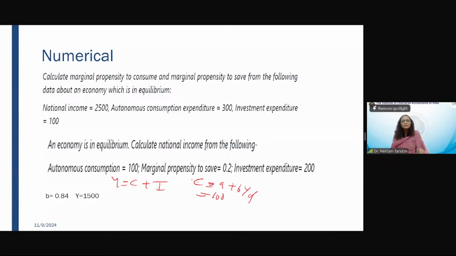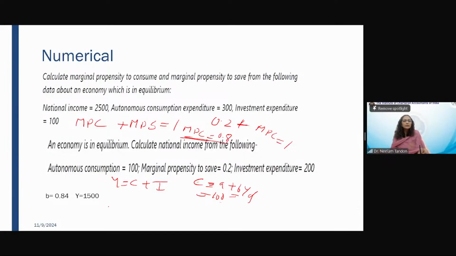They have given you the marginal propensity to save. You know MPC plus MPS is equal to 1. MPS is 0.2 plus MPC is equal to 1. So that means MPC is 0.8.